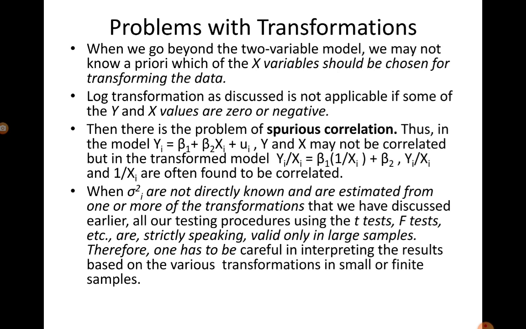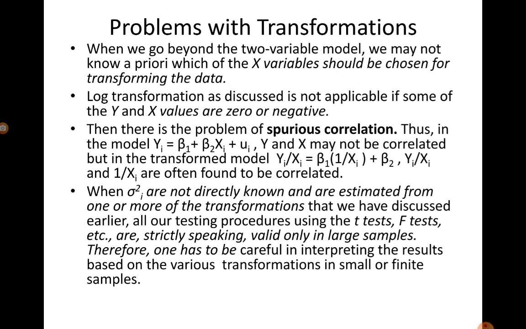The first one is, what if you have more than a 2 variable model? What if you have many explanatory variables? You might be confused as to which x variable should be chosen for transforming the data.